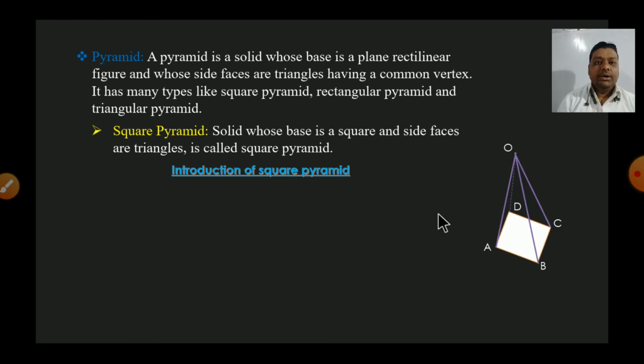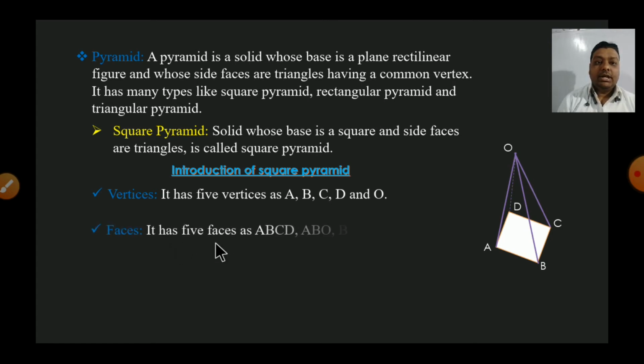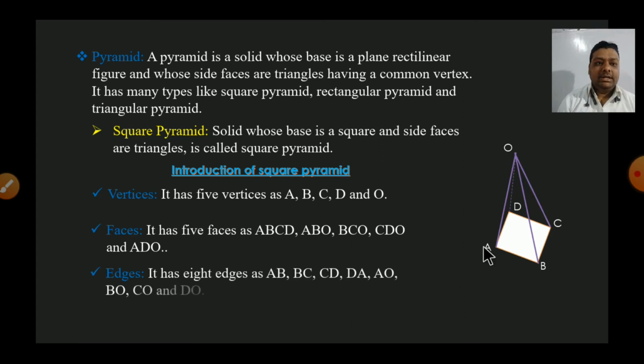Now vertices: it has 5 vertices, A, B, C, D on the square and O. Faces: it has 5 faces, ABCD one square face, ABO triangular face, BCO triangular face, CDO triangular face and ADO also a triangular face. Edges: it has 8 edges. 4 on the square, AB, BC, CD and AD, and on the triangular sides AO, DO, CO and BO. 8 edges.